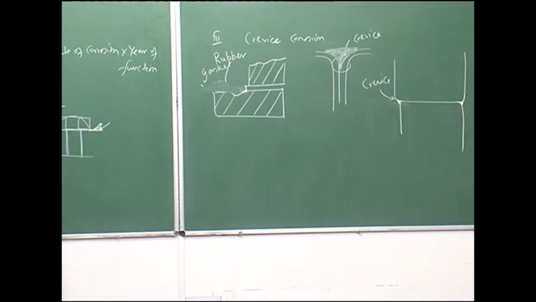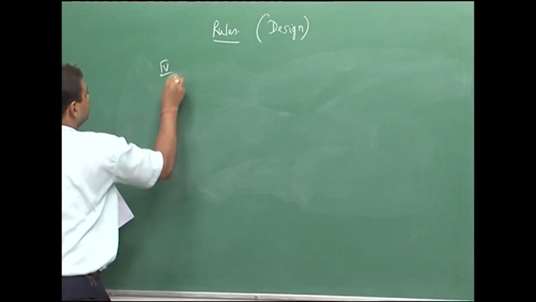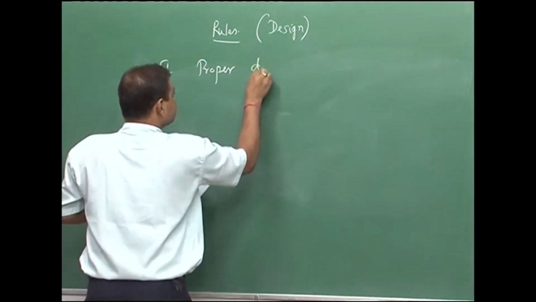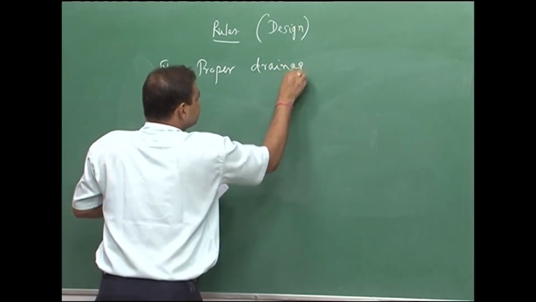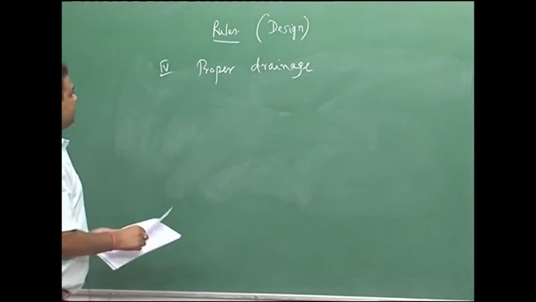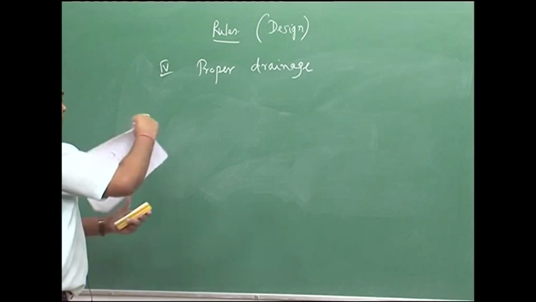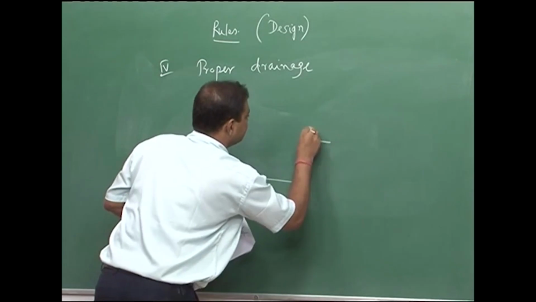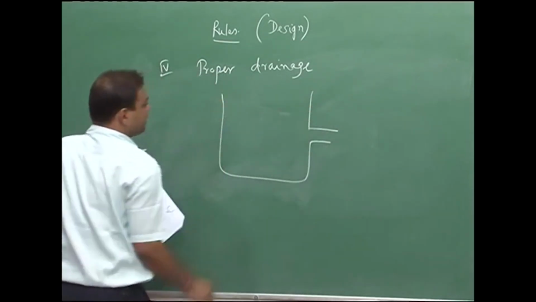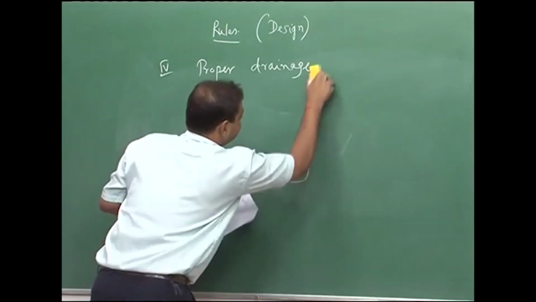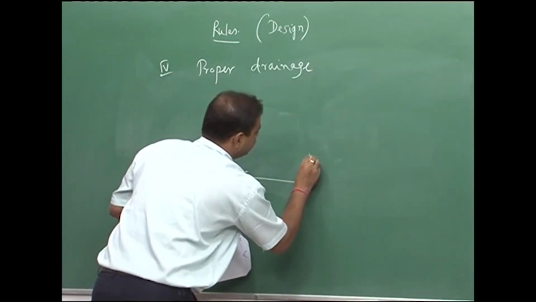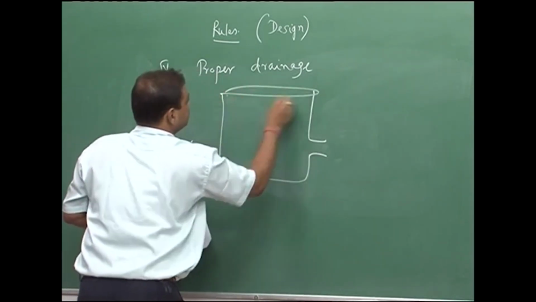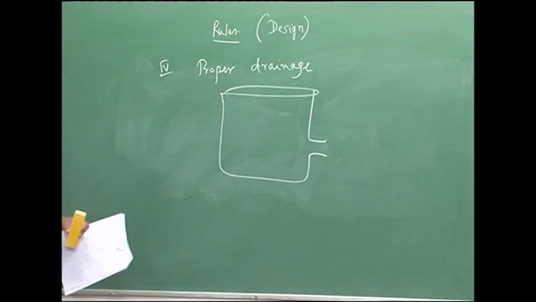Then the fourth one would be proper drainage. Sometimes we can have a design like this. Let us say we have a tank, and this is my outlet.